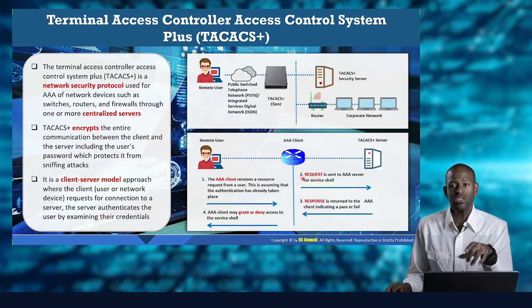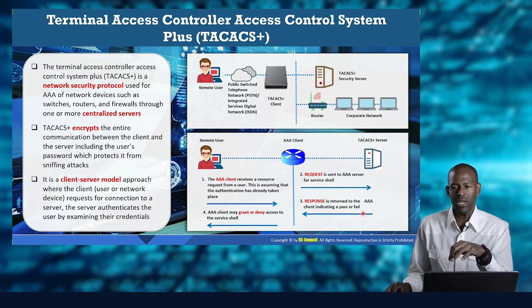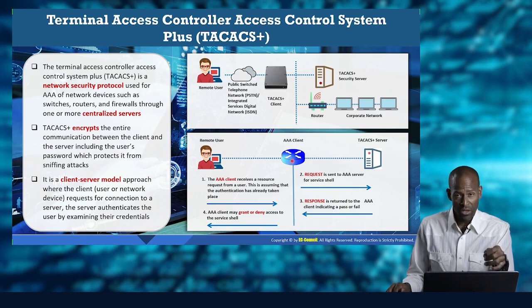Instead, it's sent to another server that will actually review the request and respond with the AAA information, pass or fail. Yep, that was a good password, good username, go ahead, let them in. Or that was a bad password, bad username, you are rejected, right? And then it grants or denies access, and only then do you gain access to the device and to the network into which it connects.